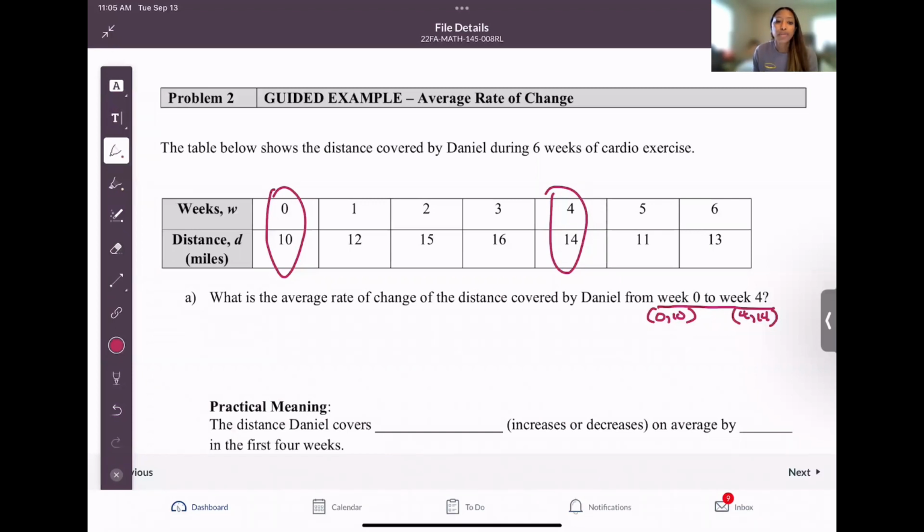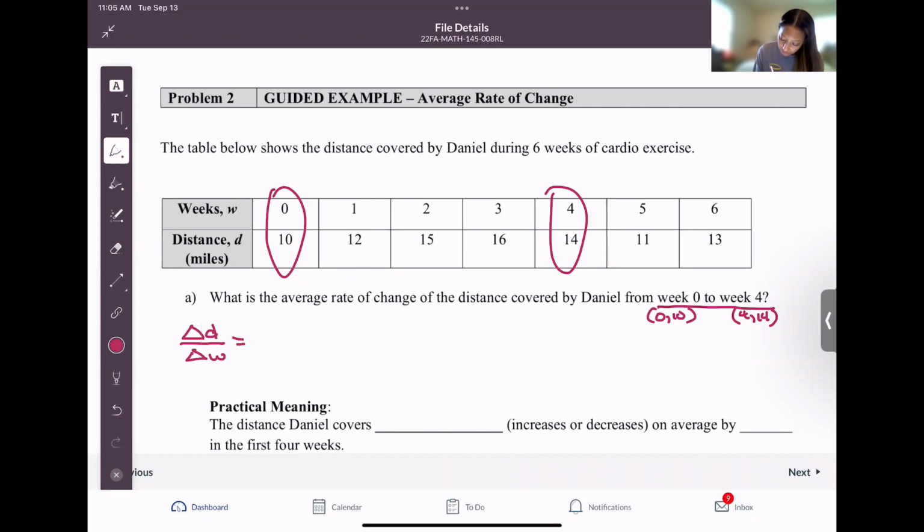And then we want to compute the slope between those two. But don't forget, since we're asked for an average rate of change, we also want to include the units in the numerator and denominator. So this is going to be the change in the output, the distance, over the change in the input, the number of weeks.